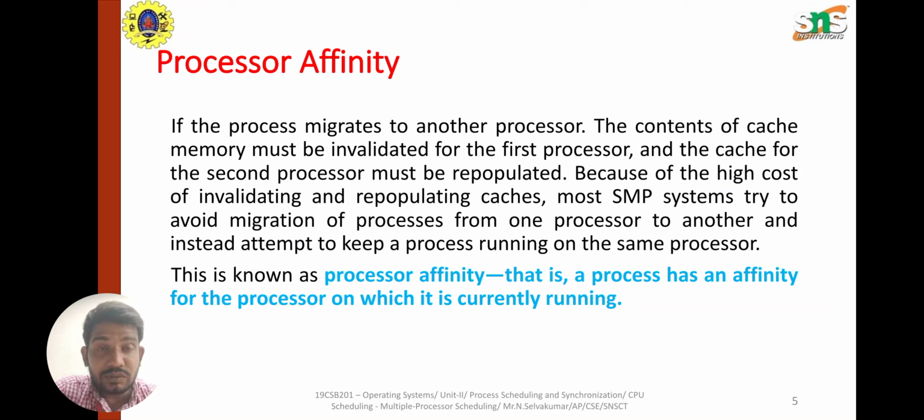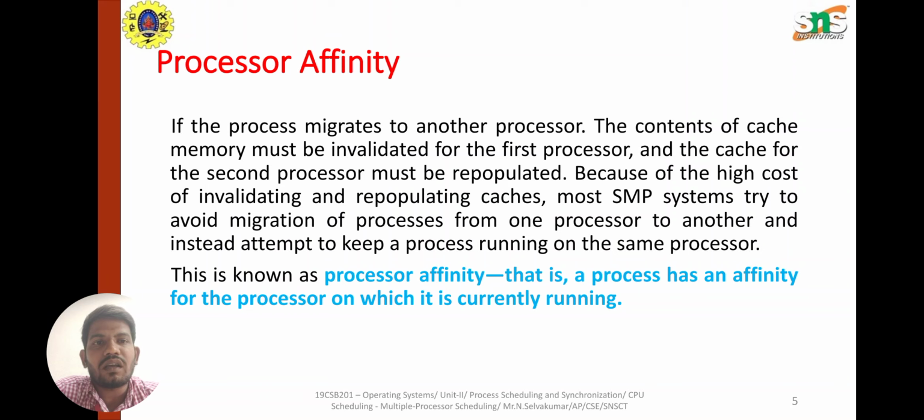Next one, processor affinity. If a process migrates to another processor, the contents of cache memory must be invalidated for the first processor, and the cache for the second processor must be repopulated.